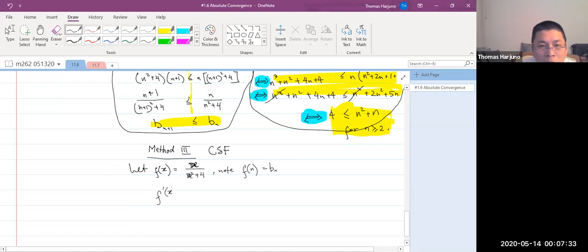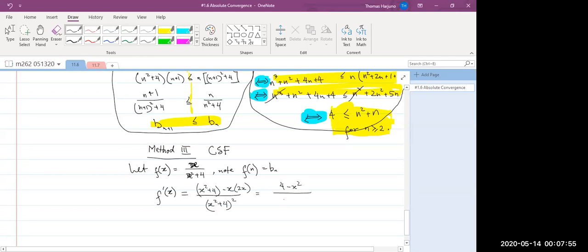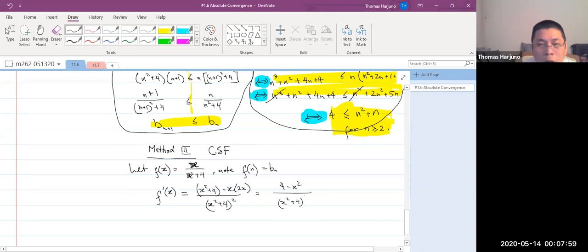Then you show that f prime of x. I think this one in this case is easier, because the denominator will always be strictly positive. The numerator will be x squared plus 4 minus x times 2x, that's 4 minus x squared, over (x squared plus 4) squared. This is negative for x greater than or equal to 3.